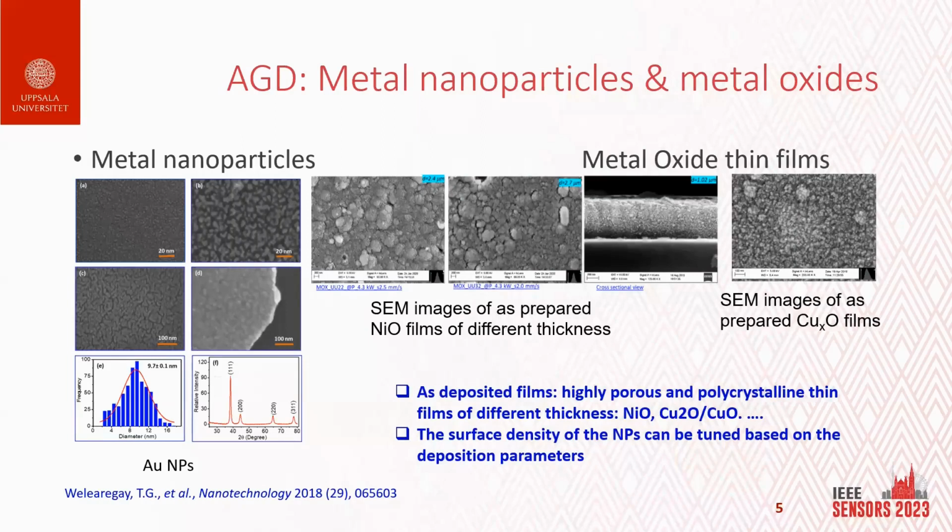So you can control the thickness, the porosity, as well as the polycrystallinity, which is very important in gas sensing. The as-deposited film is highly porous and polycrystalline, of different thicknesses, and the surface of the nanoparticles can be tuned based on the deposition parameters. The idea is to produce very porous, polycrystalline metal oxides, so that we have very high adsorption of molecules.